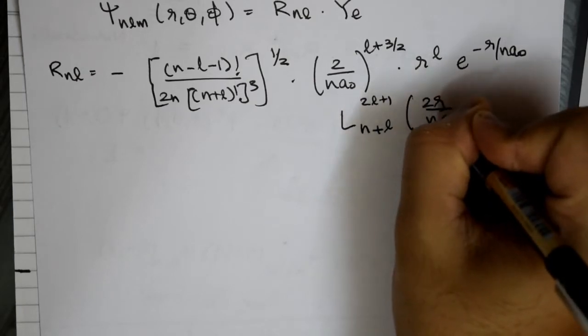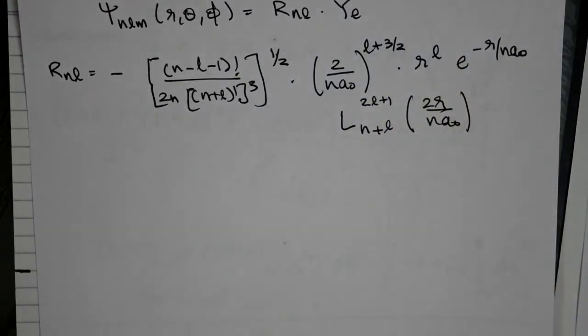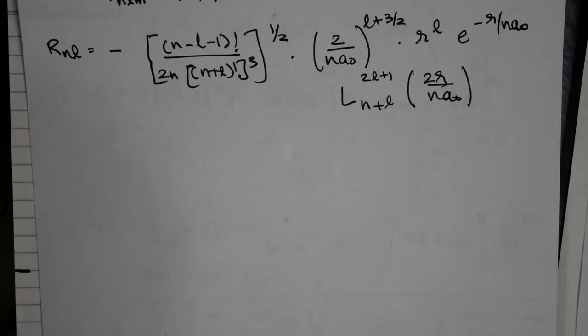We saw this for the first few set of values for n equal to 1, 2 and 3, right?